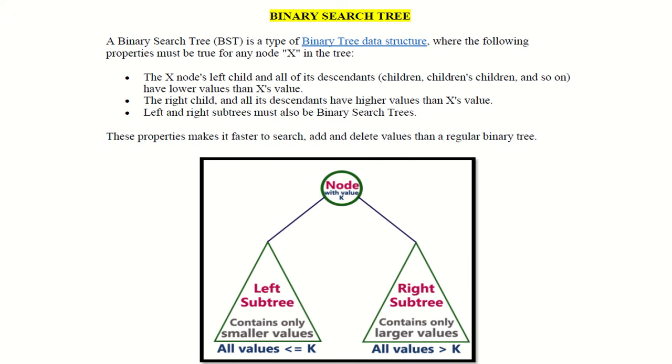All the nodes on the left side of a parent node will always have a lesser value than the parent node. And all the nodes on the right side of a node will always have a value greater than its parent node. And this property is applicable to all the internal nodes in a given tree.